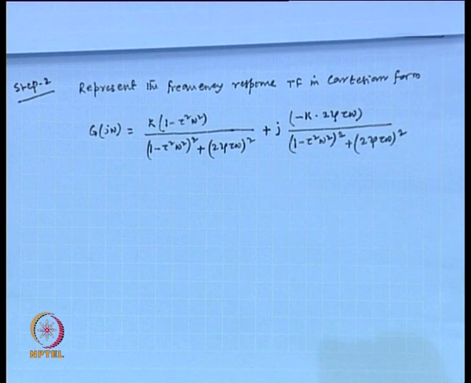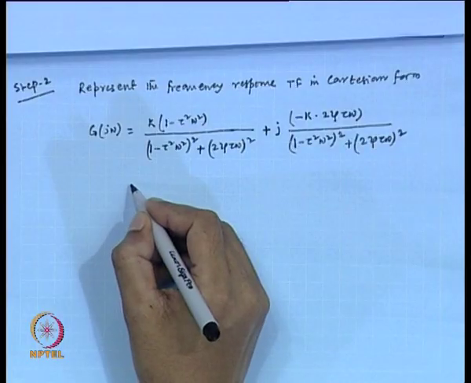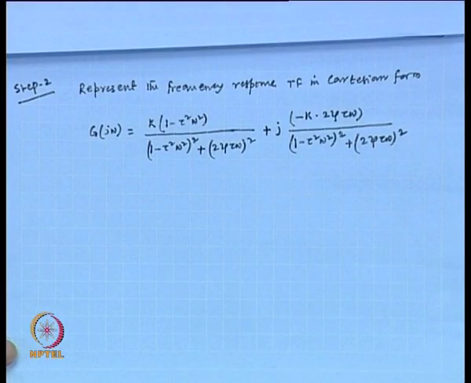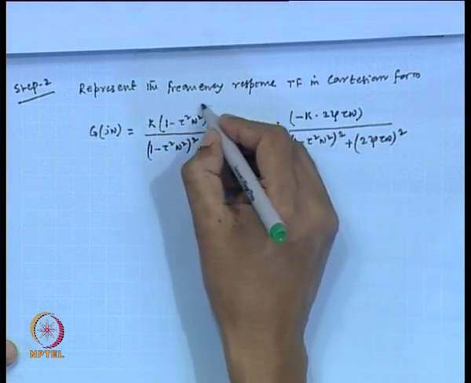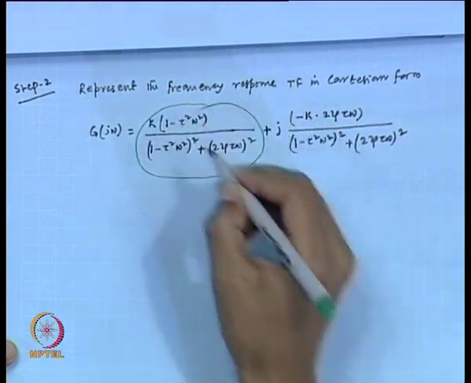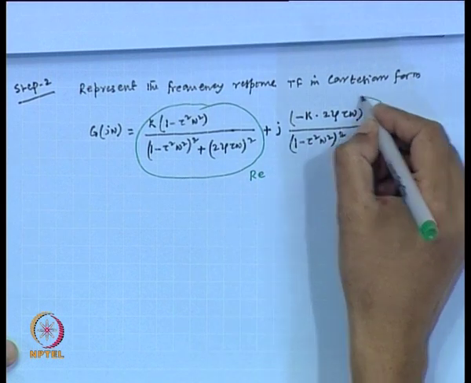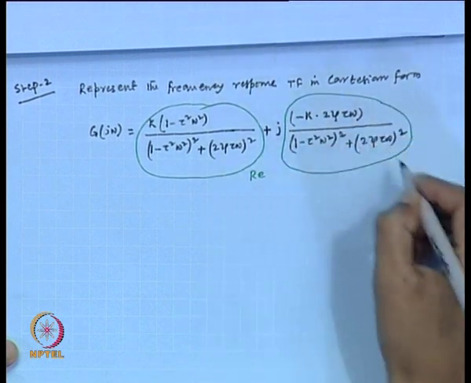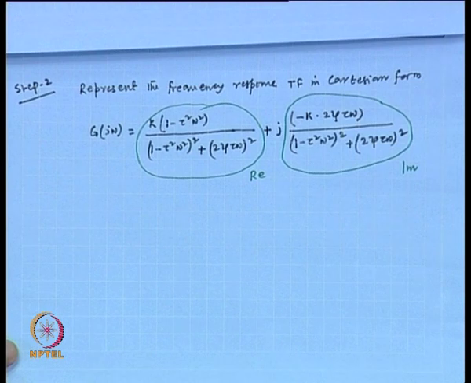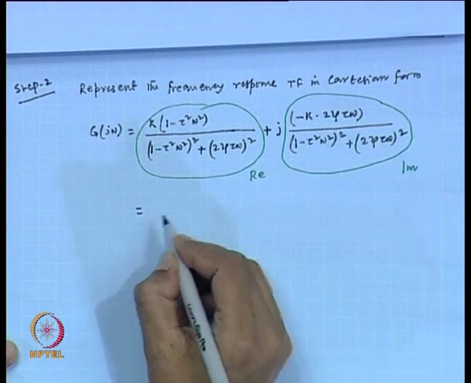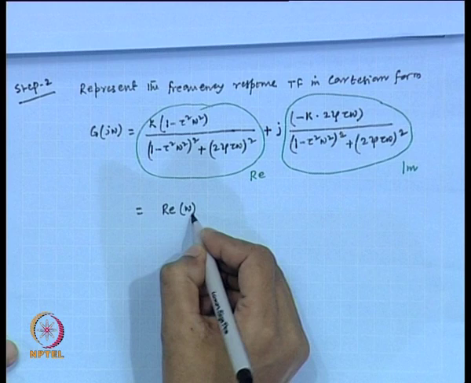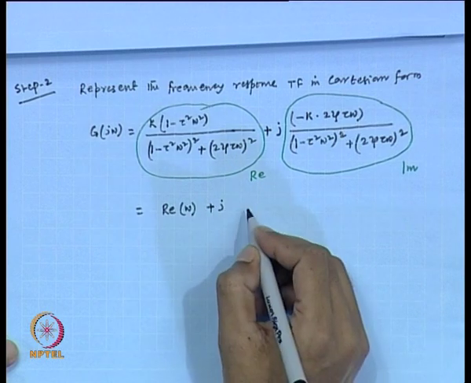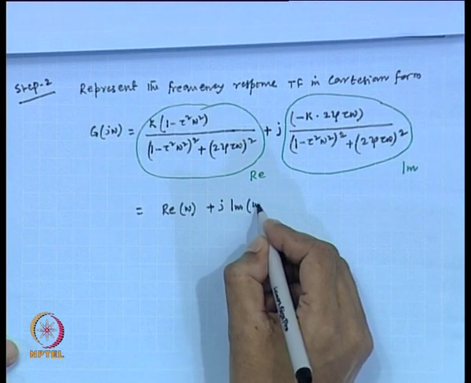Fine. We have written this frequency response transfer function as a combination of real and imaginary parts. So, it is obvious that this part is the real part and this part is the imaginary part. Real part plus j imaginary part.